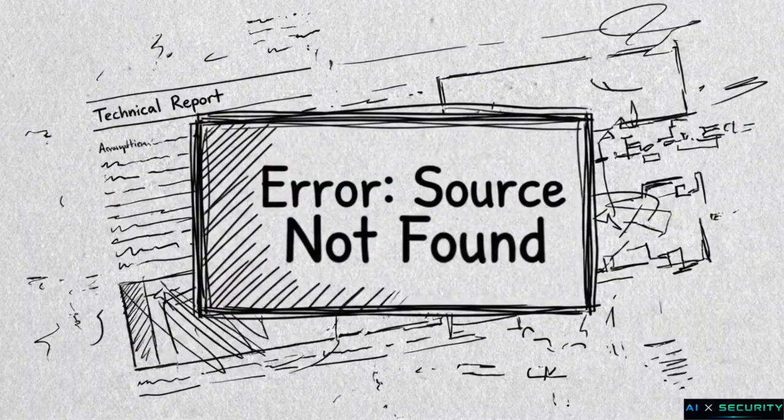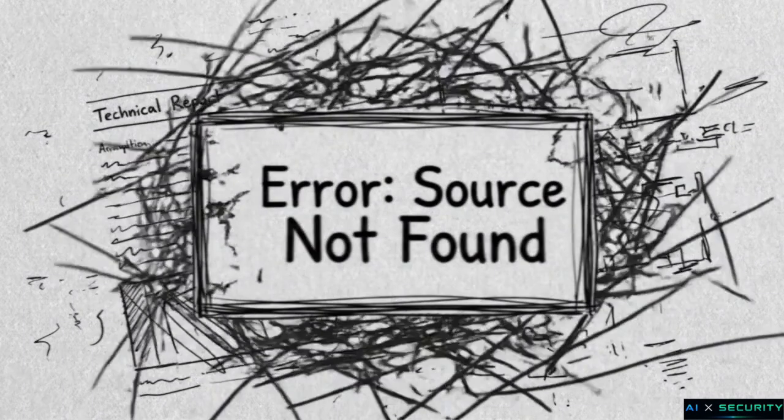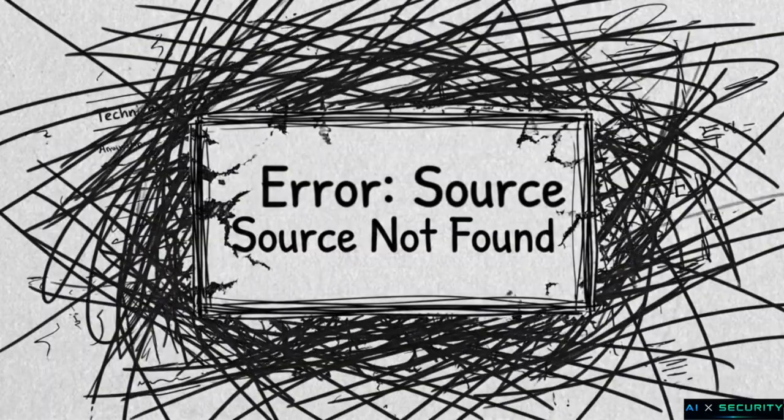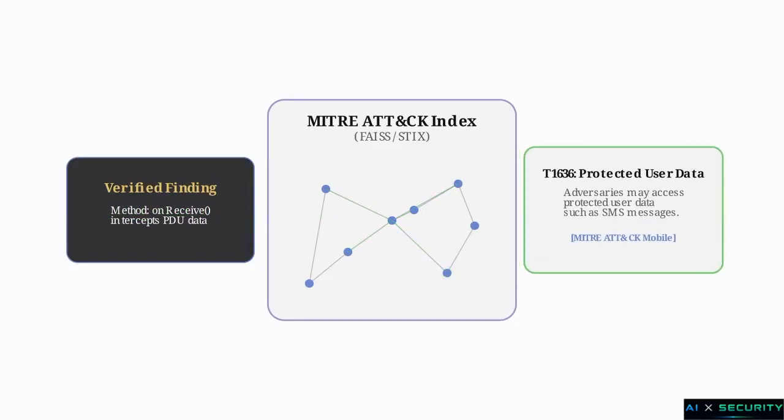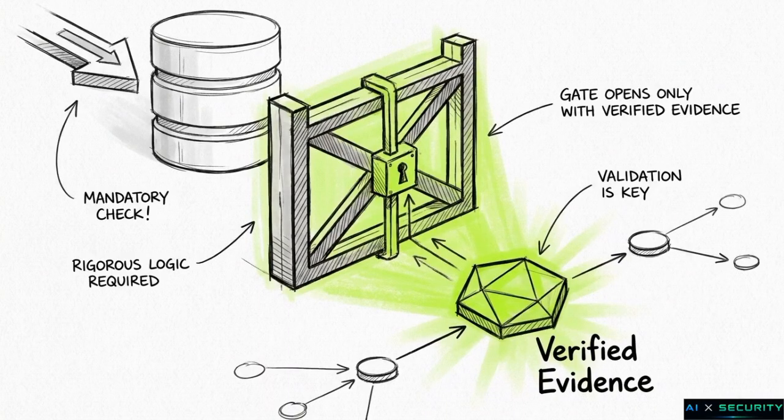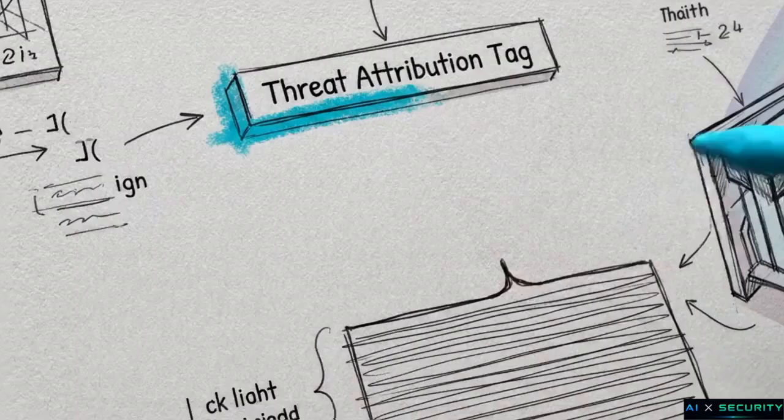The third and final constraint layer is knowledge grounding. Relying on a language model's internal parametric knowledge to map observed malware actions to known adversarial techniques introduces significant security risks. Because a model's internal training data cannot be externally audited, it frequently produces outdated or entirely fabricated technique mappings.